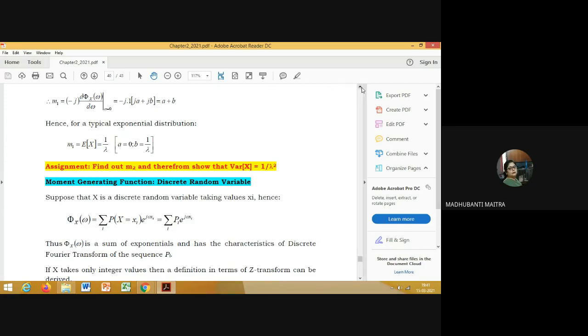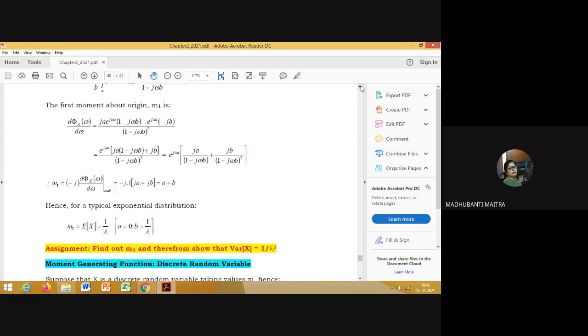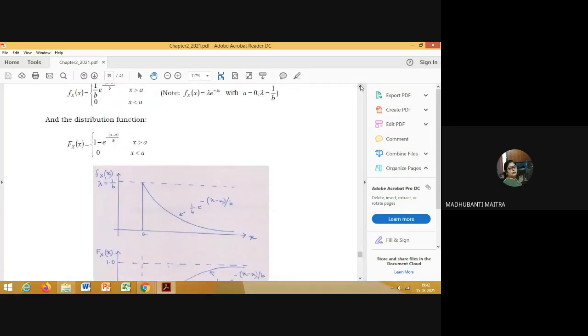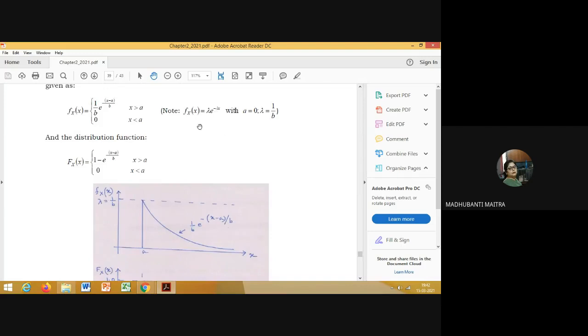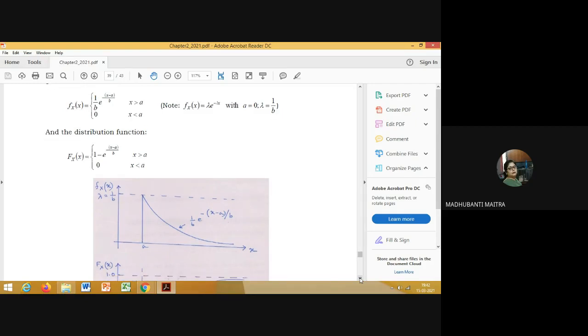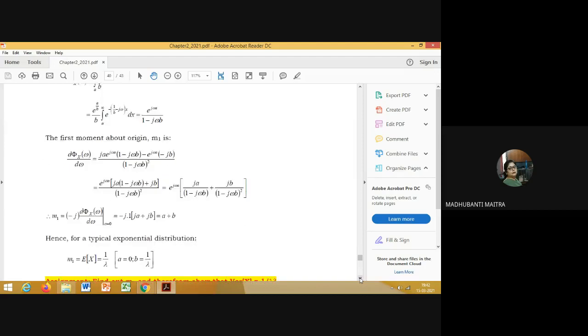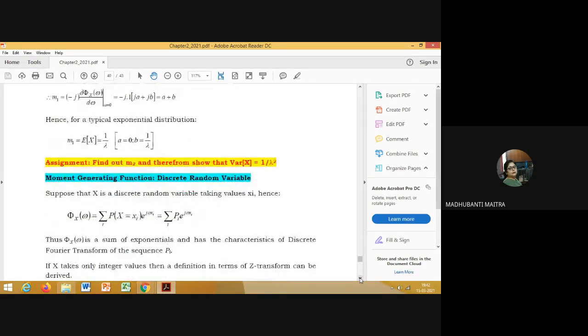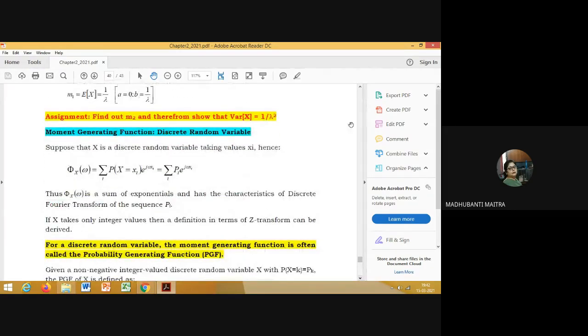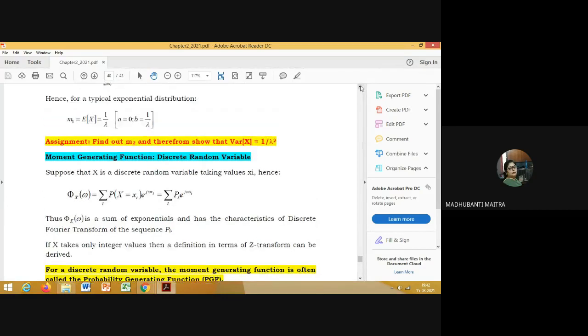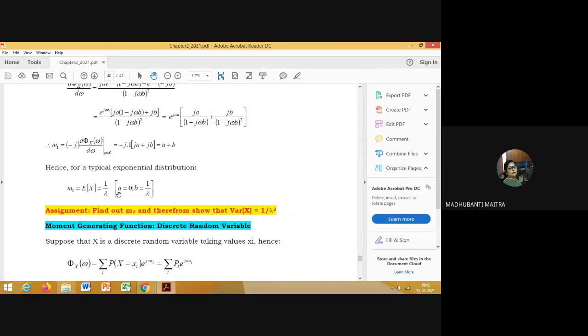If we express the exponential distribution in this particular form, we know that a will be 0 and lambda will be 1 by b, or rather b is equal to 1 by lambda. Hence, the expected value of the exponential distribution is 1 by lambda.